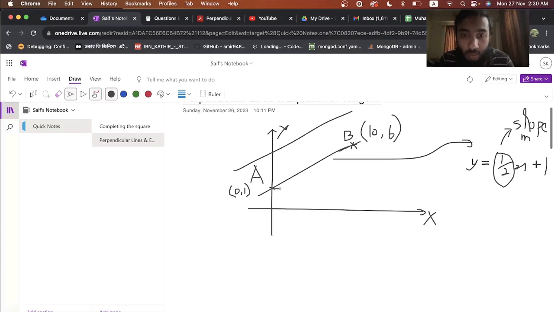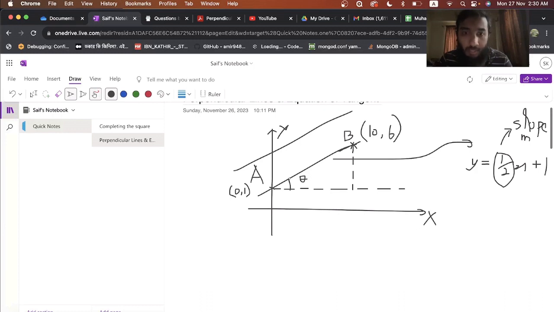So the slope is something that is a tangent, or it can be written as, let's say this is horizontal and this is vertical to this line, and this is an angle which is theta.